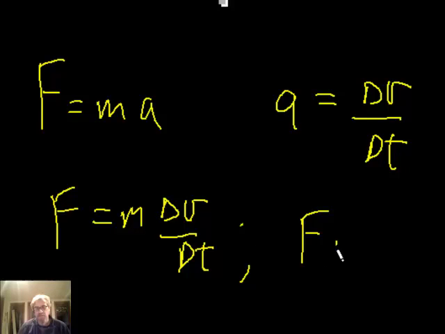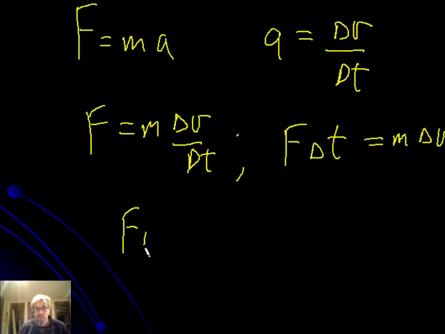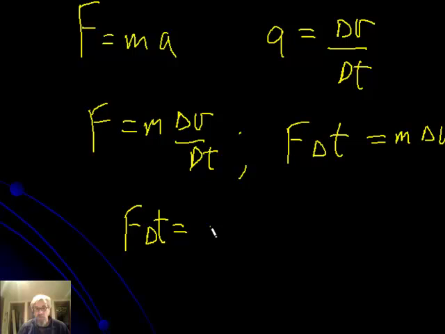Impulse, which is F delta t, the product of a force times the time that force acts, is equal to m delta v. Now really, we're going to define impulse a slightly different way. We're going to say F delta t is equal to delta mv, allowing the possibility that mass might also change during some kind of an event.